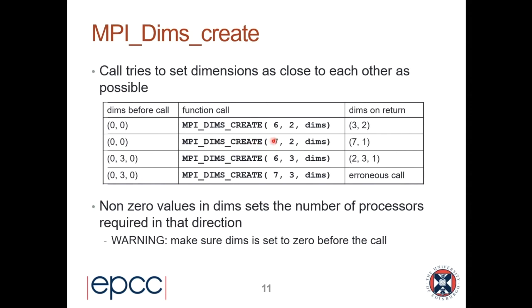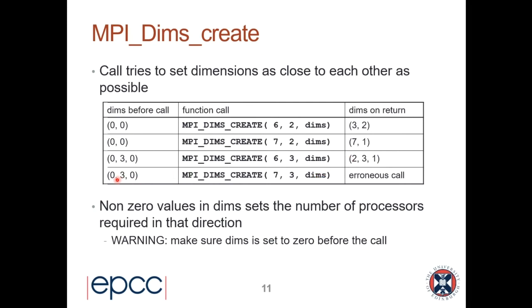If you do, I've got 7 processes, I want a 2D grid, there are only 2, because 7 is prime, 7 by 1 and 1 by 7 are the only valid ones, but it will give you that back. If you have a constraint, you say, I want a 3D grid, but the middle dimension has to be 3, just like in our traffic model, the first dimension had to be 4. I can do MPI_Dims_create, I've got 6 processes, I want them in a 3D grid, and the middle dimension has to be 3, it might give you 2, 3, 1 or 1, 3, 2.